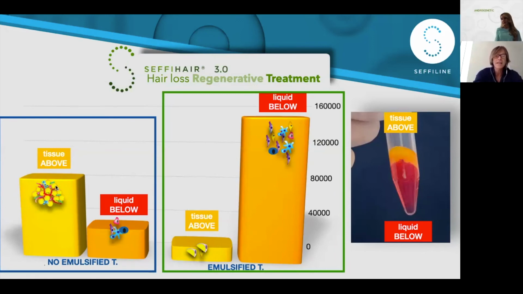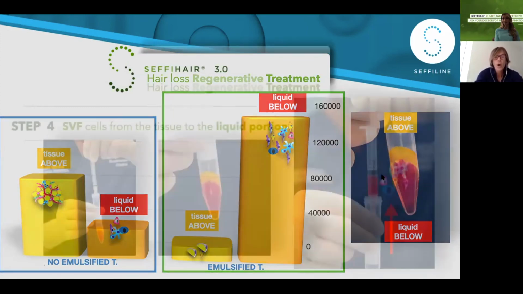We have a study that proved that if you don't emulsify the tissue, you don't have the passage of the stromal vascular fraction into the liquid portion. But if you first emulsify the tissue with 20 passages from one syringe to another, after the centrifuge the stromal vascular fraction goes into the liquid portion of the tissue.